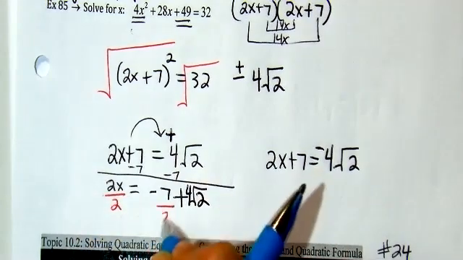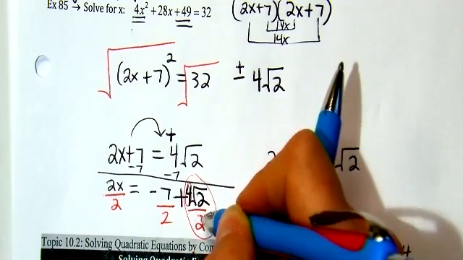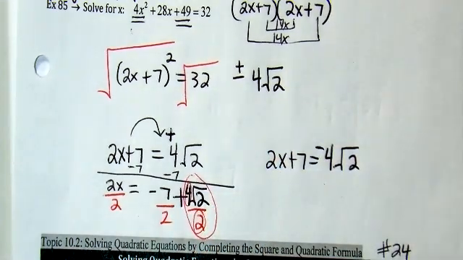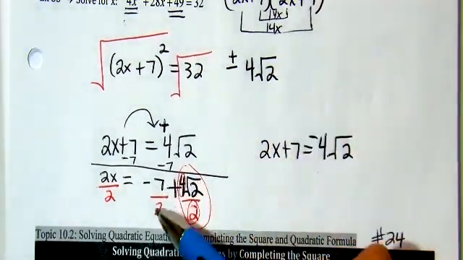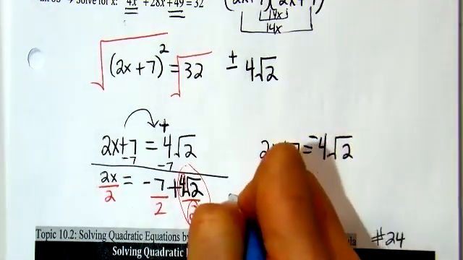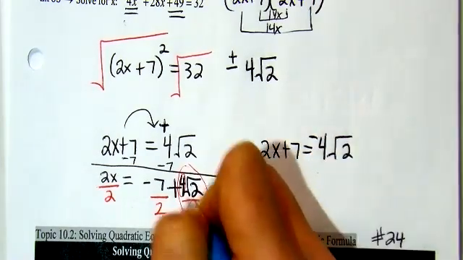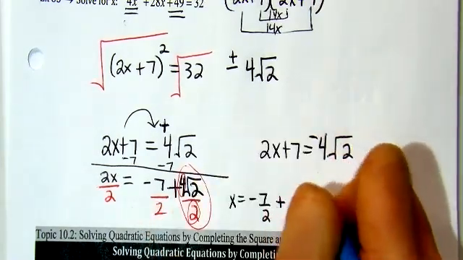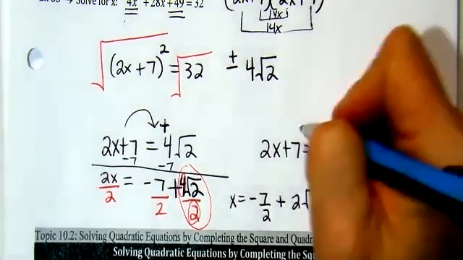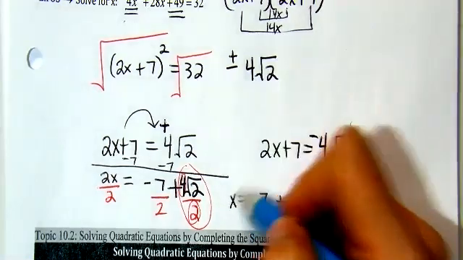And sometimes you could put it all over 2, but if you notice that maybe one of those terms could reduce, then you do need to separate it. And so remember, whole numbers can reduce. You can't reduce that to a radical. So you would say x equals negative 7 over 2 plus 2 goes into 4 2 times, 2 square roots of 2. And then we would be doing the same thing here. It's just that it would be a minus sign.